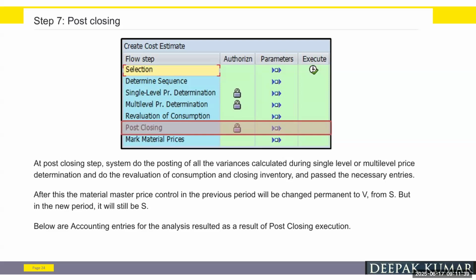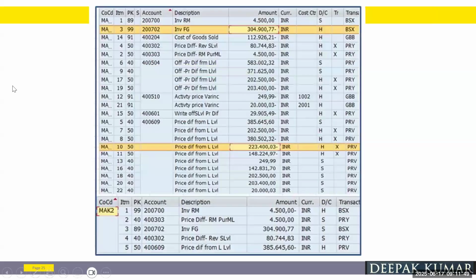The whole logic is built like this. And now we can understand this last entry. These are the entries which are posted. Inventory raw material is revaluated.